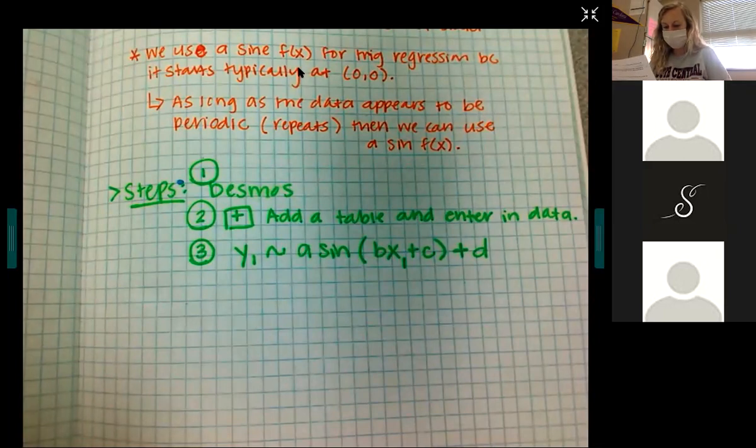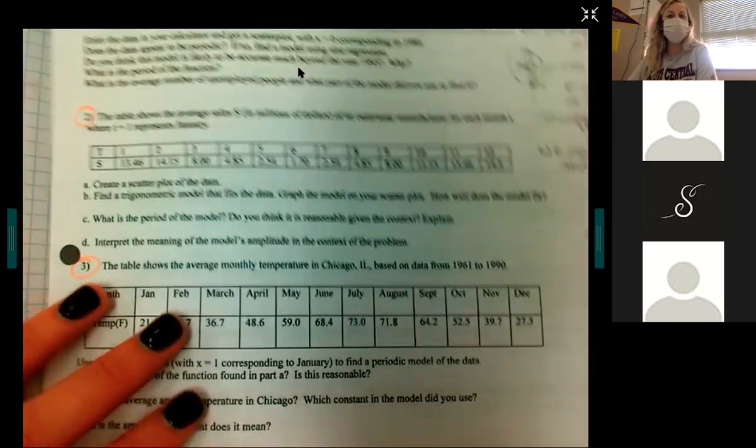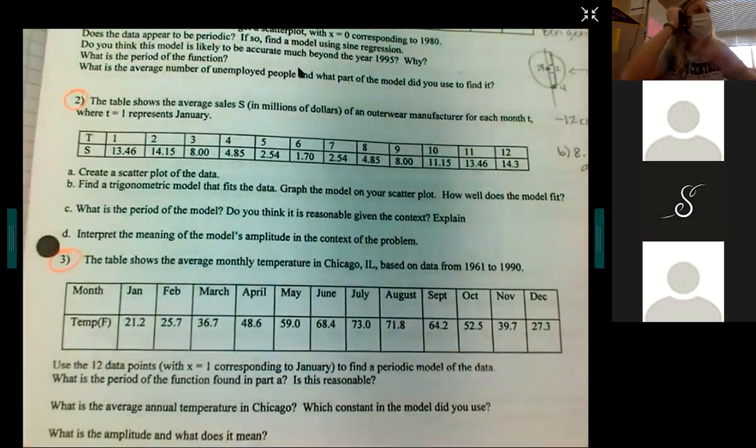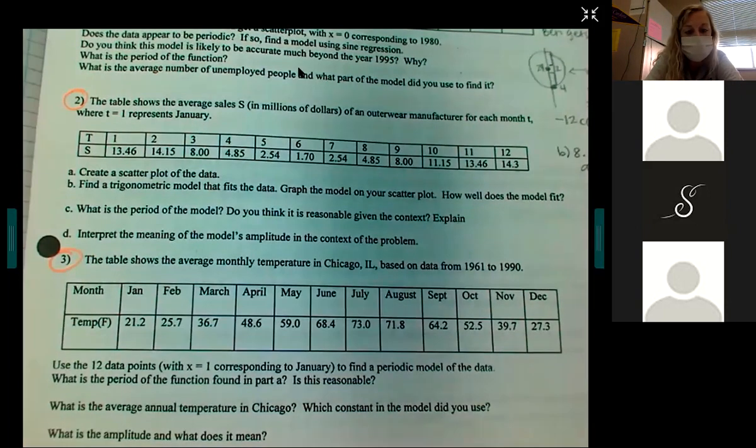Interpret the amplitude. Yeah, let's do number 2 on the worksheet. So your worksheet was in the top left corner. It was the top one. The other 2 are for next week. People at home, I put this on Canvas for y'all. You don't have to print it though. You can just use it to reference, and you can write the answers in your notebook.